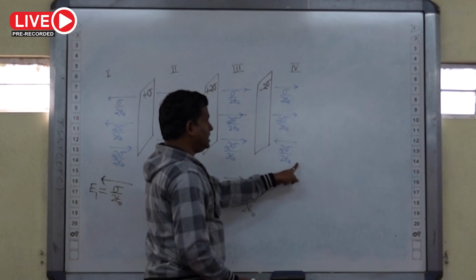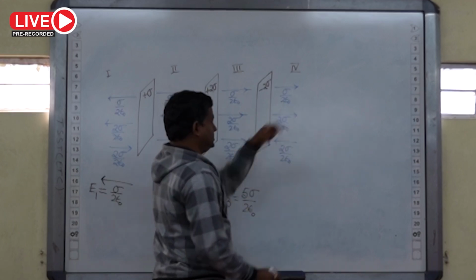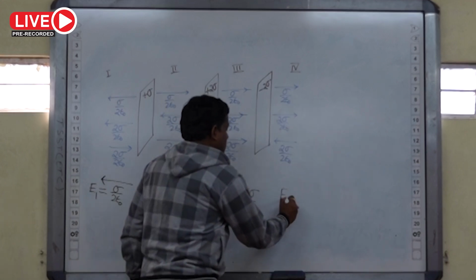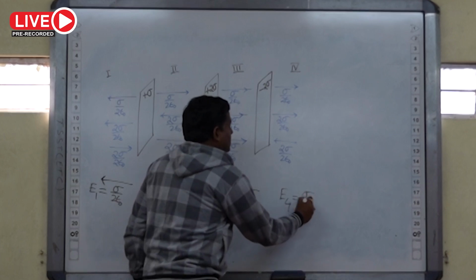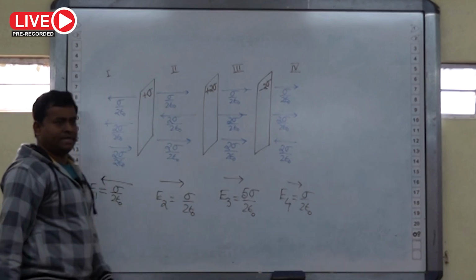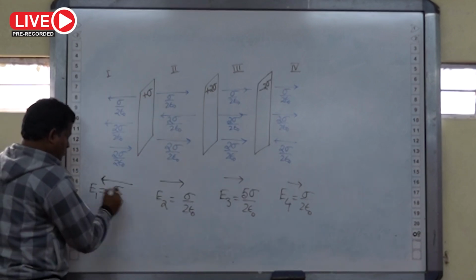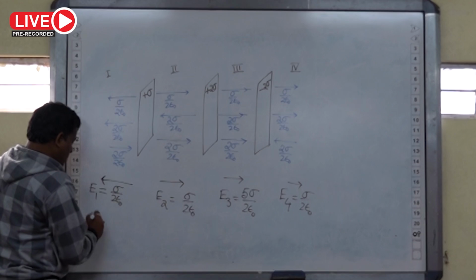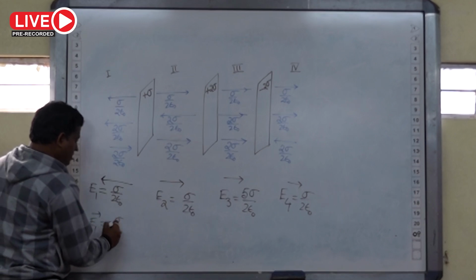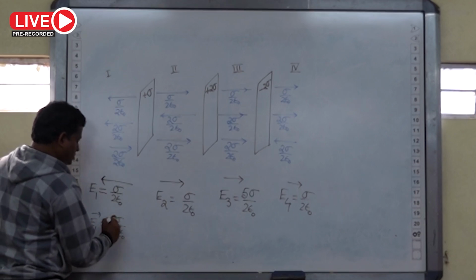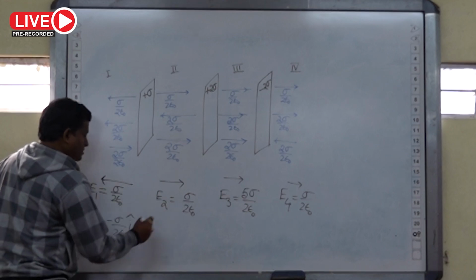In this direction, again these two will cancel. This is the only field, sigma by 2 epsilon naught along this direction. You can also put vector sign, that you can write E1 as sigma by 2 epsilon naught minus i cap.